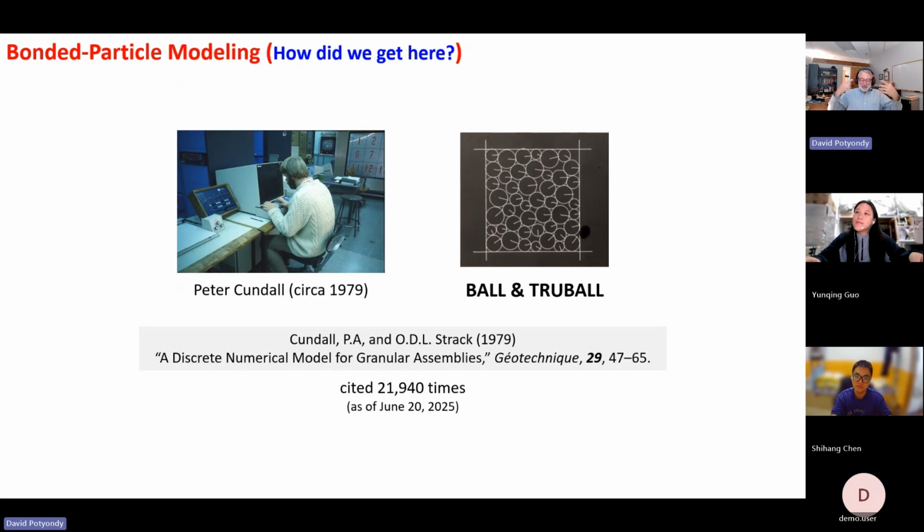Sum up all the rotation increments for every particle and you get the total rotation. Are you with me? But how do you do that in 3D?